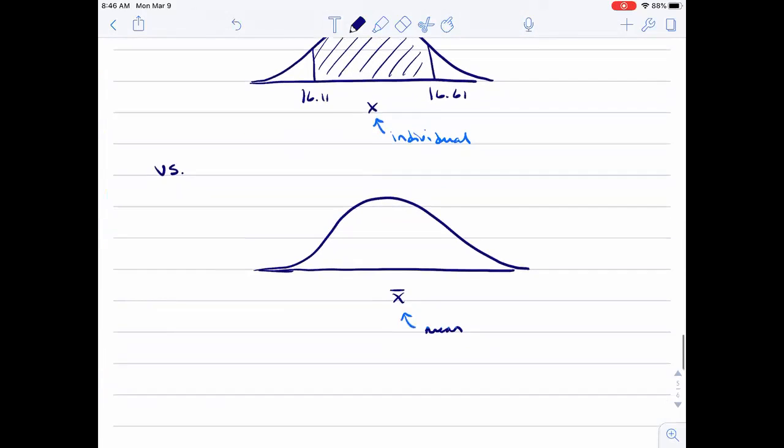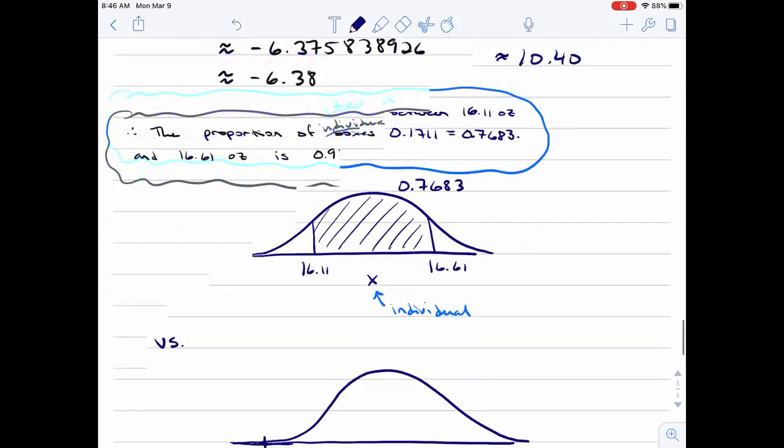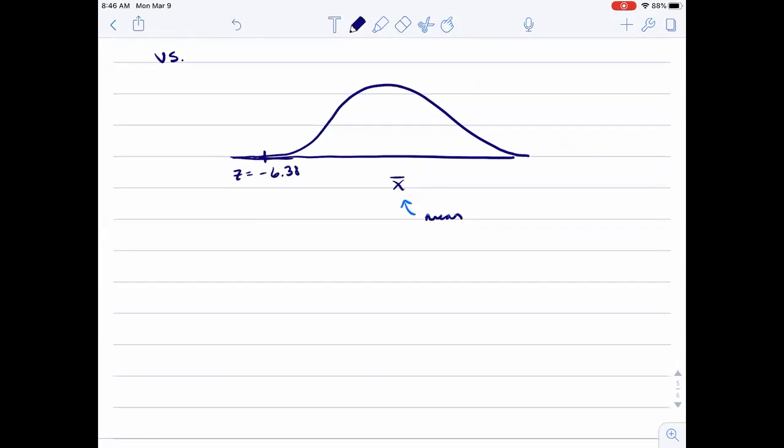So somewhere way out here, I've got a Z equal to negative 6.38. Is X bar equal to 16.11? Right, so way out in the tails.